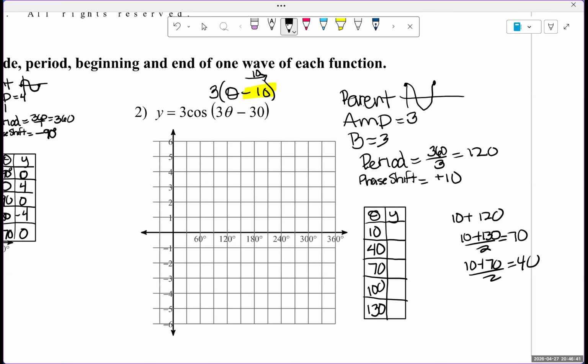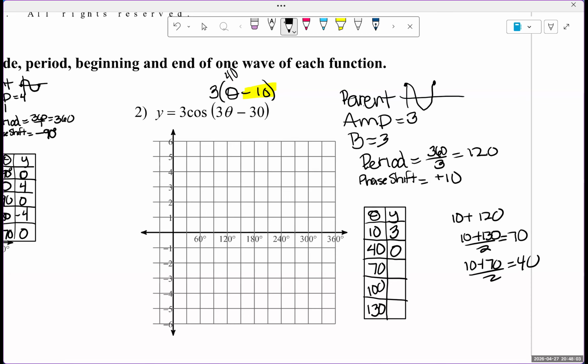So we have theta and y, and we need to plug that into our equation. Okay, so carefully plug in theta is 10 into the equation, and we get y is 3. Plug in theta is 40. We get y is 0.